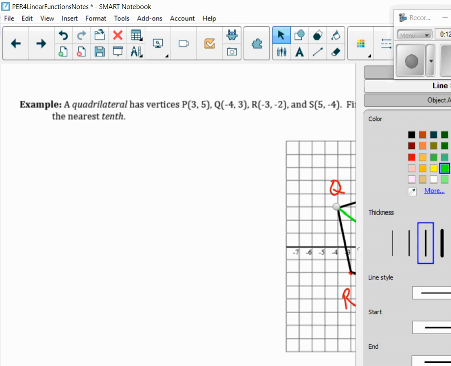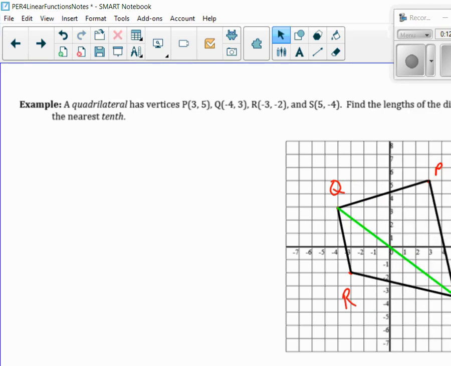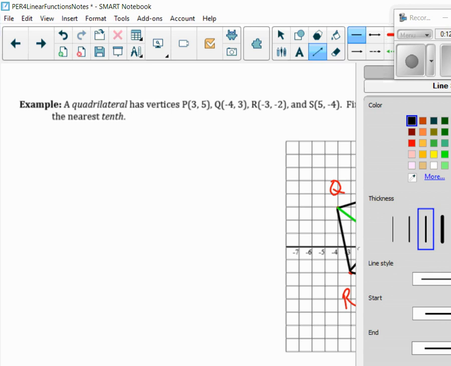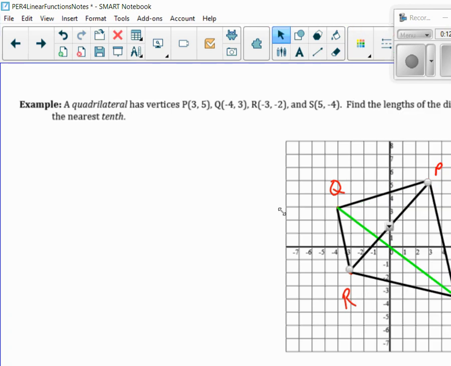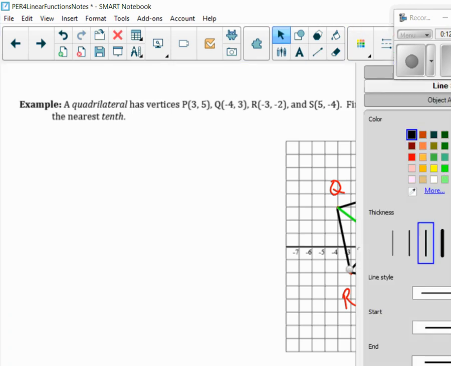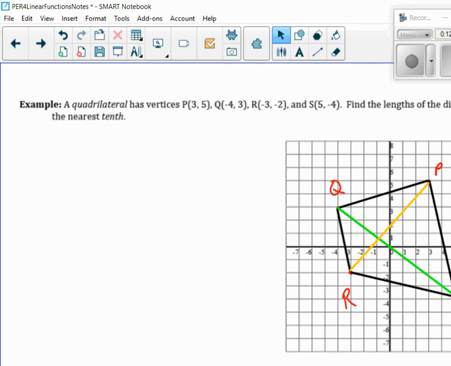I'll do the green. Okay, so this is what we're trying to find here.